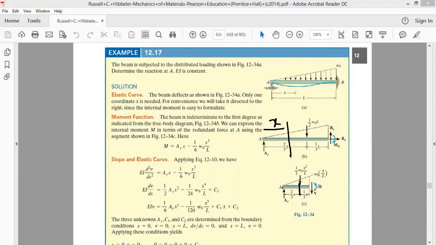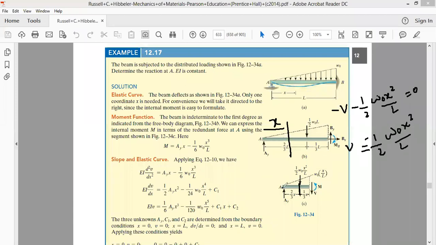V is acting downwards, therefore this will be minus V. And 1/2 W naught x square by L is also acting downwards, so this will also be negative. This is equal to 0. So V is equal to minus 1/2 of W naught x square by L. This is the value of V.